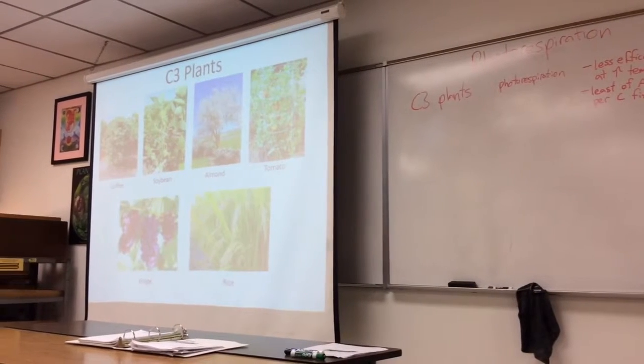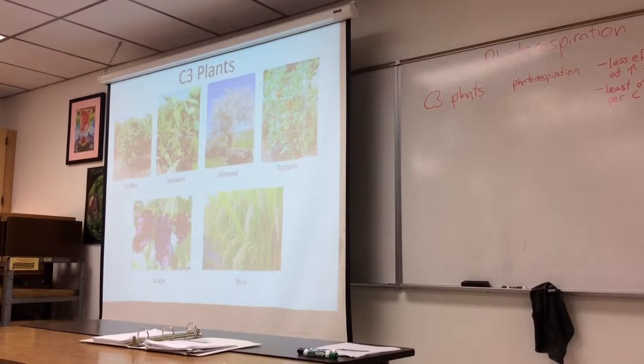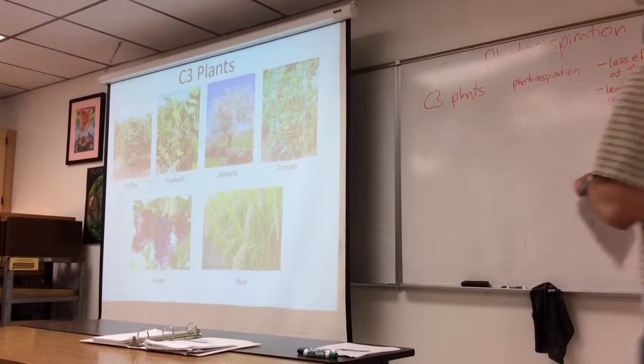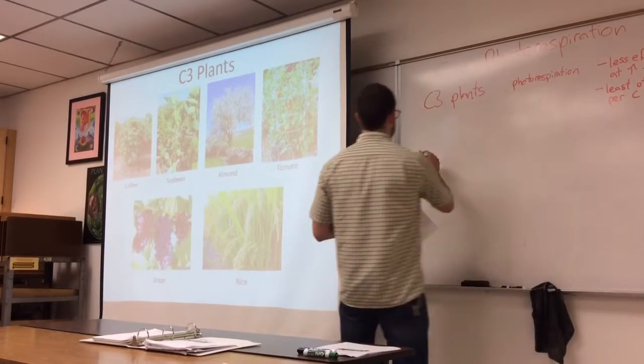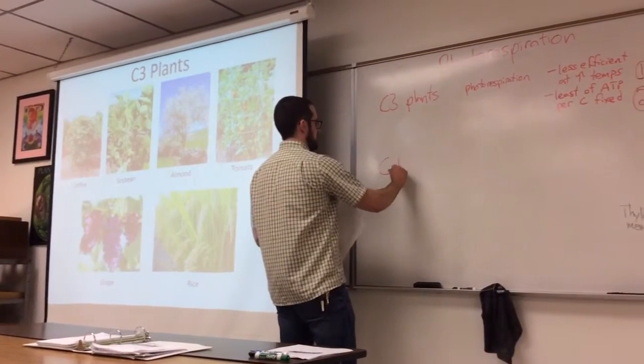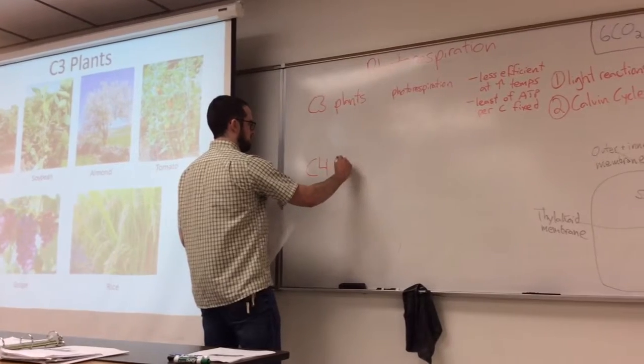It's just referring to that first stable product that you get after the CO2 is incorporated. And so it's that 3-carbon sugar at the beginning of the cycle. And C4 plants, again, that's referring to the first stable product, which is going to be a 4-carbon sugar. So C4.